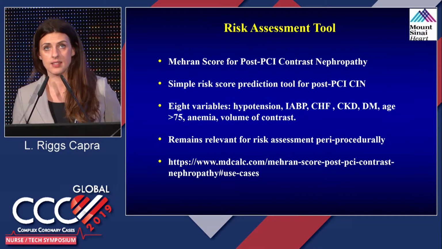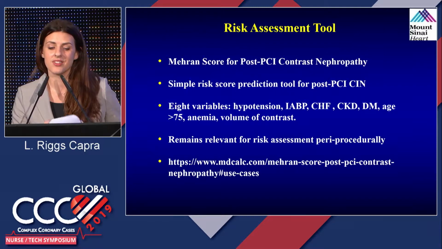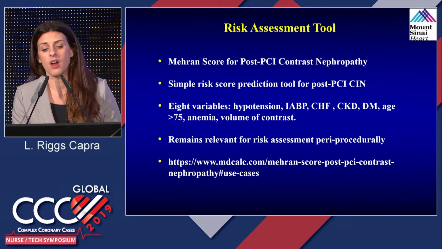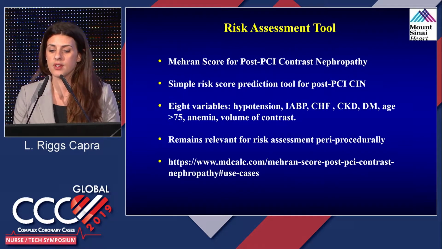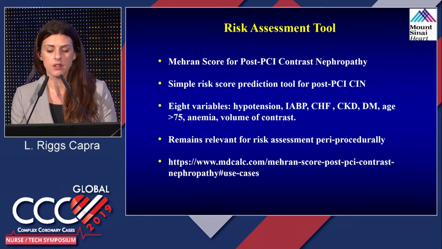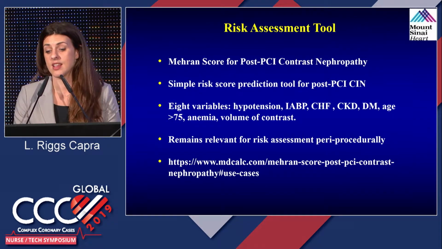There does exist a risk assessment tool, which, interesting enough, one of our Mount Sinai physicians, Dr. Roxana Mehran, created back in 2004. It's a very simple tool. You can find it online. It's easy to use. And that's actually a prediction tool to tell us if our patient is at risk post-PCI for CIN.